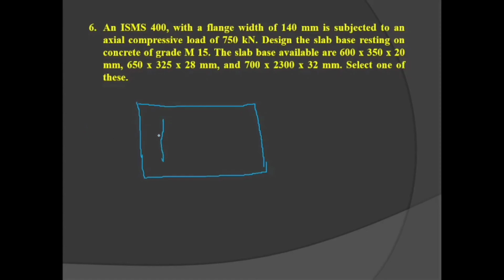Here basically an I section is there, having the overall depth equal to 400 mm. This is the width that we have to design, and this is the length of the slab base.